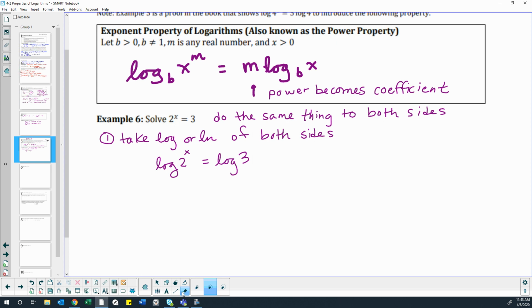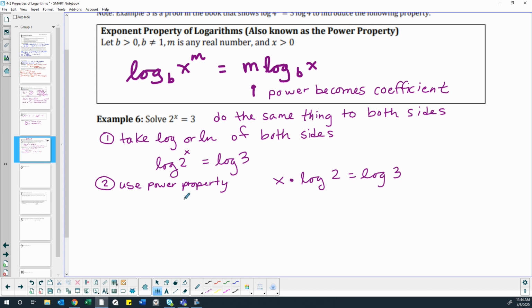Okay, now I'm going to use the power property. So to use the power property, that means I'm going to take that x that's on the first part and move it in front as a coefficient of log 2. So now we simply have x times log 2 equals log 3.